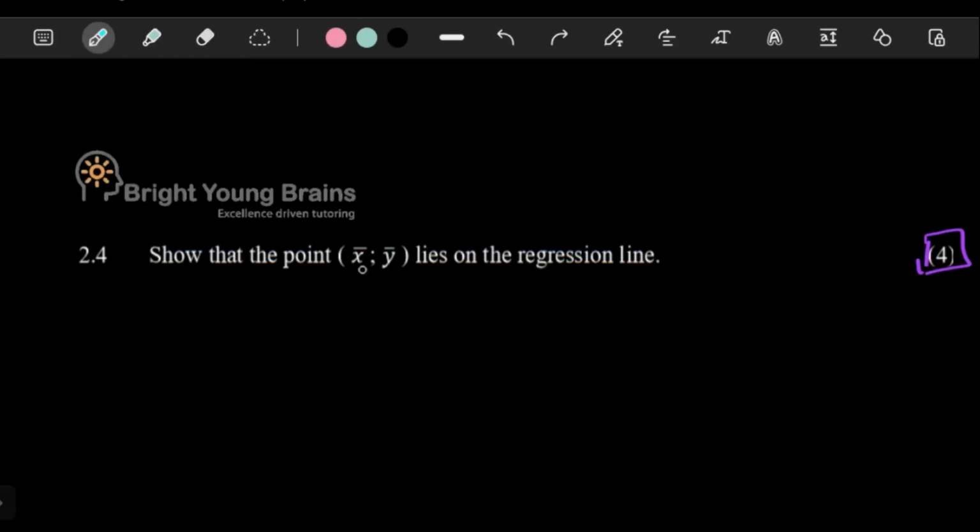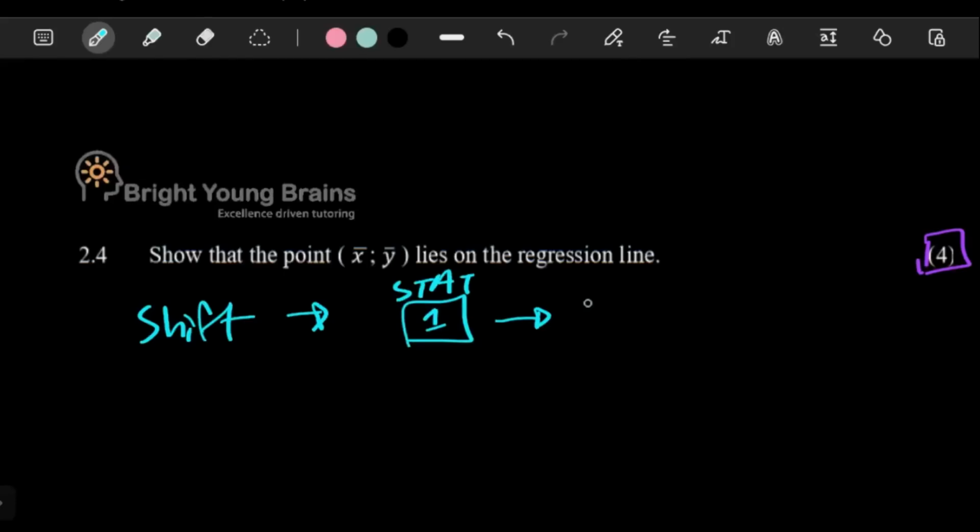So for you to get the average for the x and the average for the y, this is what you do. Remember, the data is still in your calculator, so you're going to press shift, then stat, which is button number 1. Afterwards, press shift stat 1, then reg for 5.